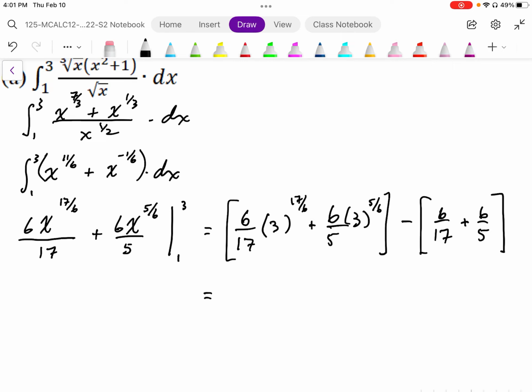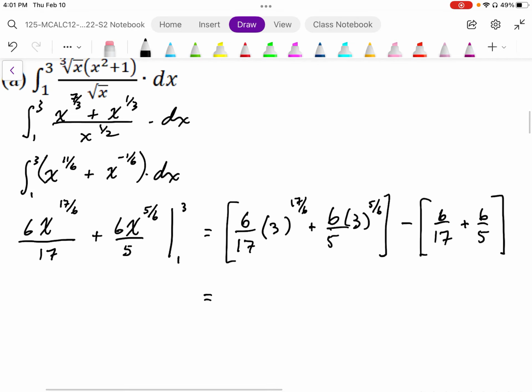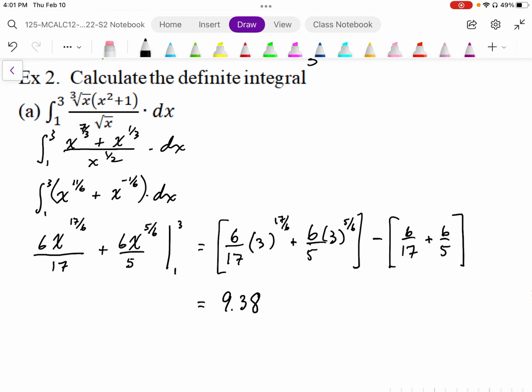And I'm going to then subtract 6 divided by 17 plus 6 divided by 5. I end up with the definite integral value working out to be 9.379, so I'm going to round that to 9.38. So that would be the area under that curve.